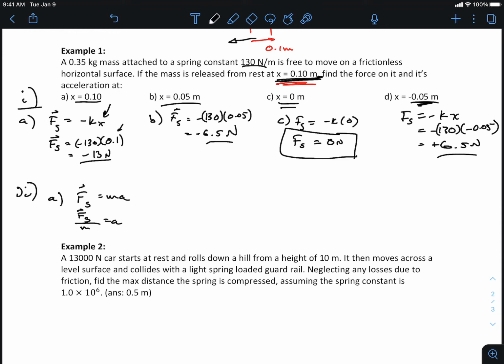So for part A, we could take our negative 13 newtons and divide it by the mass, which we said was 0.35. Sorry, acceleration, getting ahead of myself. We can find what the acceleration is if we do 13 newtons divided by the mass.